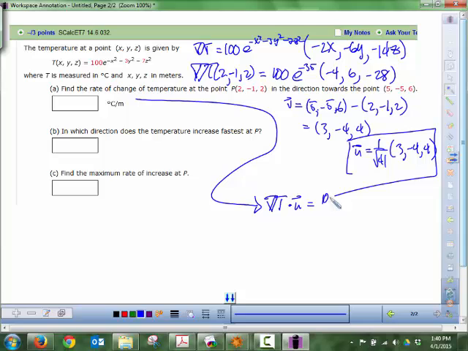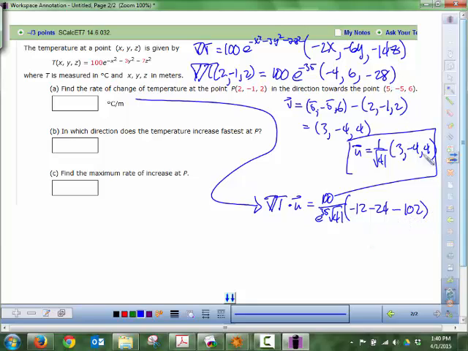Oh, 100 e to the 35 in the denominator, square root of 41, and then the dot product, I get negative 12 minus 24 minus 2, 3, 102. Is that right?